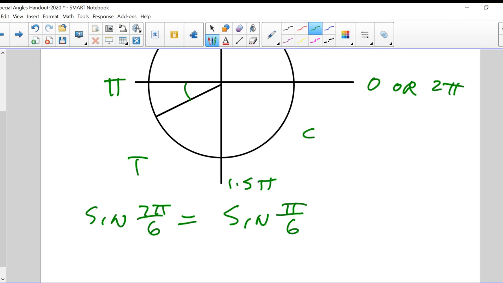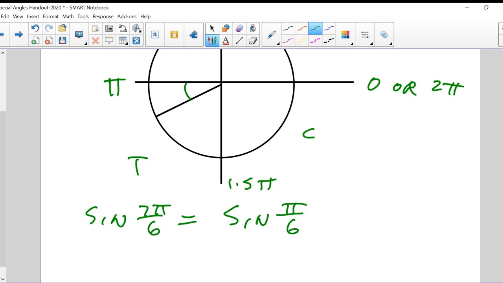But should I make it negative based on the fact that it's in the third quadrant? Is it going to be positive or is it going to be negative? I don't know if "no" is going to answer the question. I said positive or negative. Is it going to be positive for sine, you think? Chrisania says positive. Donna says negative. So you're both not agreeing with each other on sine.